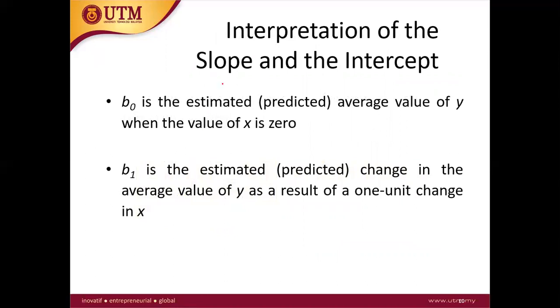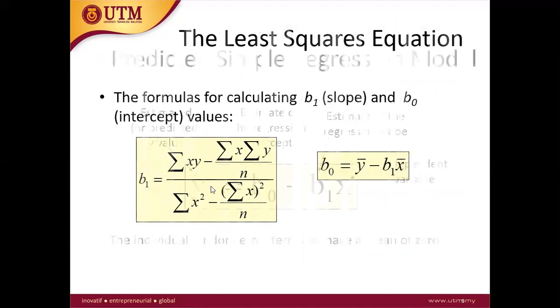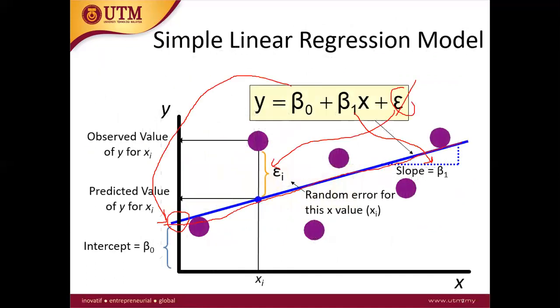Right now, interpretation of slope and intercept. Basically, B0 is the predicted average value of Y when the value of X is equal to 0. Okay. From the graph here, you can see. Okay. When X equals 0, at this point, X equals 0, you get the B0, the intercept value.